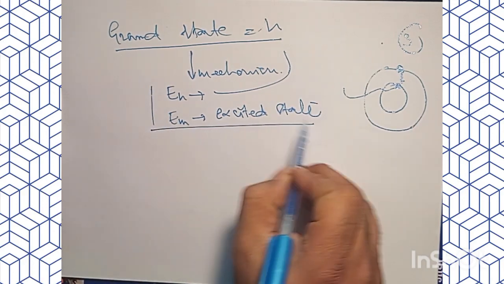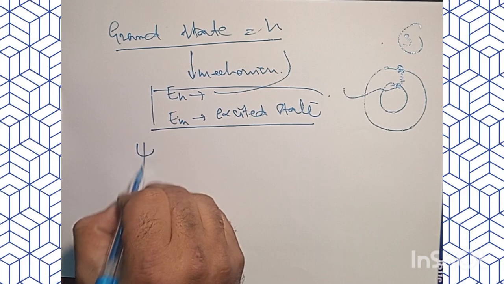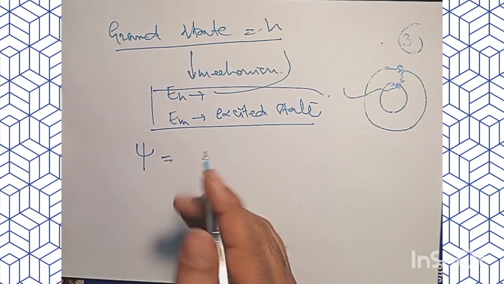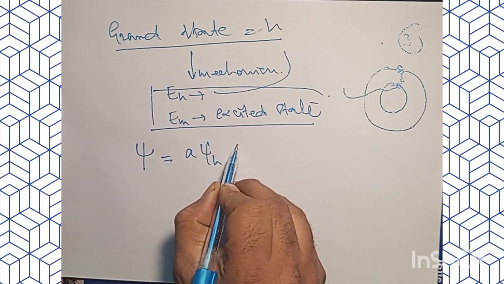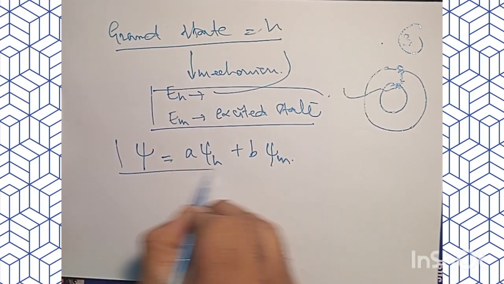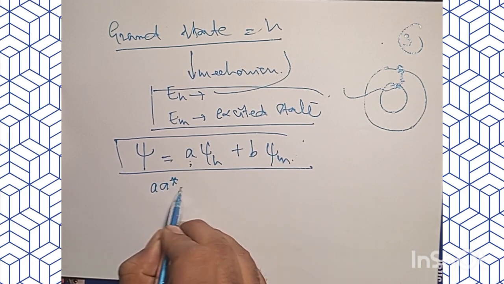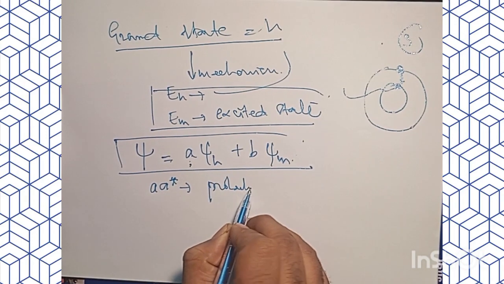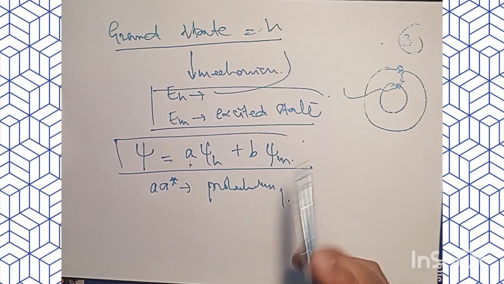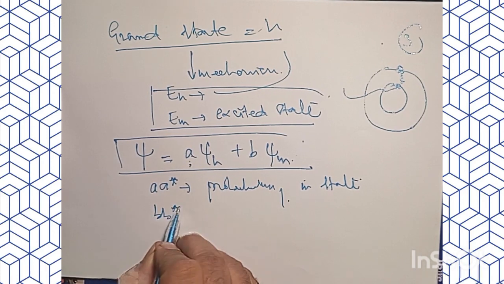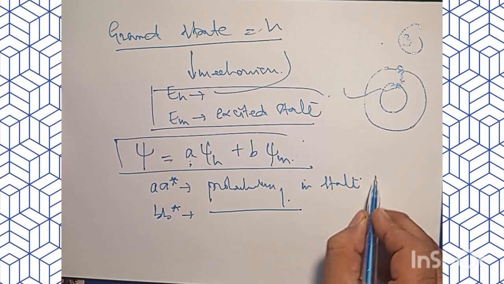Now, if I move on from here and choose a wave function psi as a combination of two states, say for example A psi n plus B psi m, where A has its own complex conjugate, and the product of A with its complex conjugate will give me the probability that the electron is in state n.